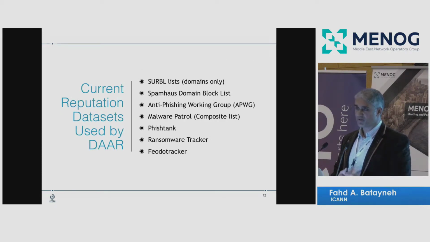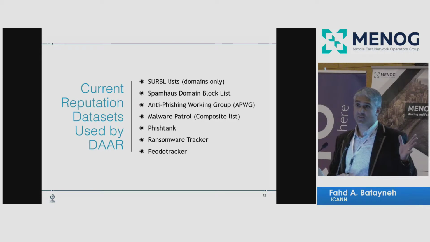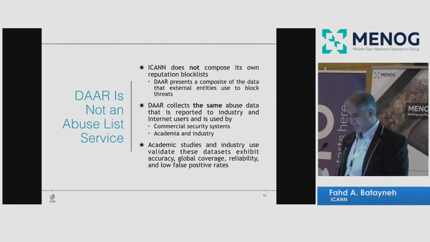This list shows the different reputation block lists that currently feed into DAAR. This need not necessarily be the final list of RBLs. More RBLs could be added. So we have Serval, and we only use the domain name part of Serval. We have Spamhaus, the APWG, Malware Patrol, Fish Tank, Ransomware Tracker, and Deodor Tracker.